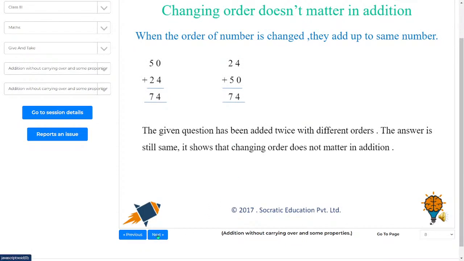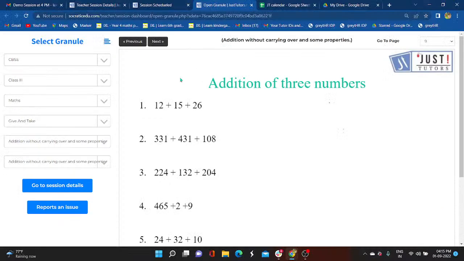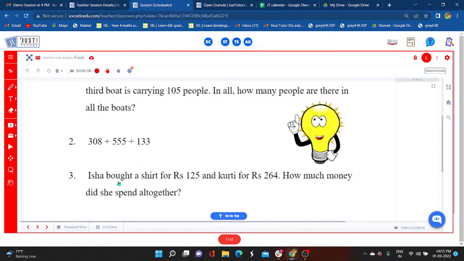Now let's move on to the next slide. Addition of three numbers. Let's see how we are going to solve questions related to addition of three numbers.